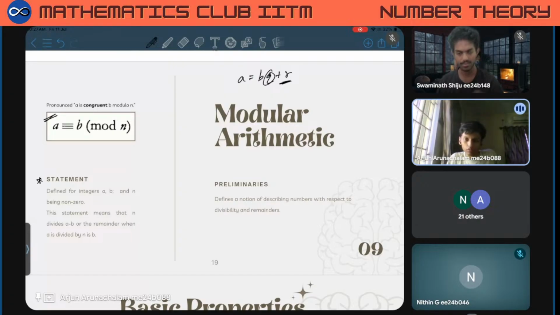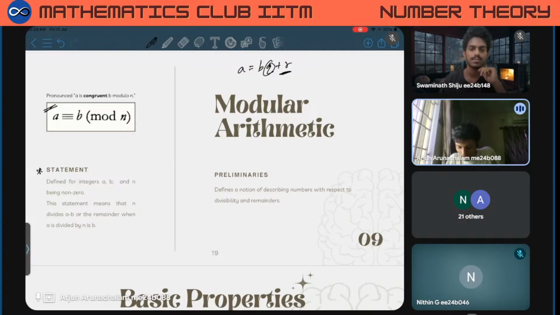All of them are integers. Throughout the session, assume that unless otherwise stated, a comma b are always integers, and n is a positive integer. It's defined for integers a and b and some n which is non-zero, because you can't divide anything by 0.